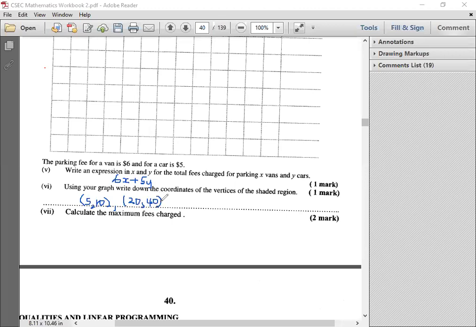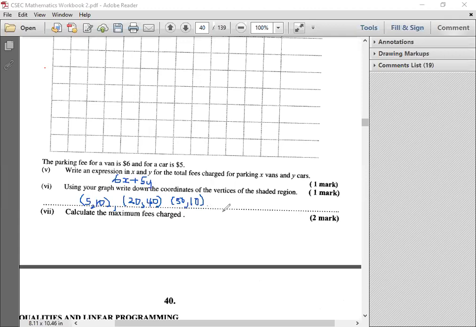And the last one I have is 50, 10. That's correct, sir. Any objection? Yes, sir. Correct.